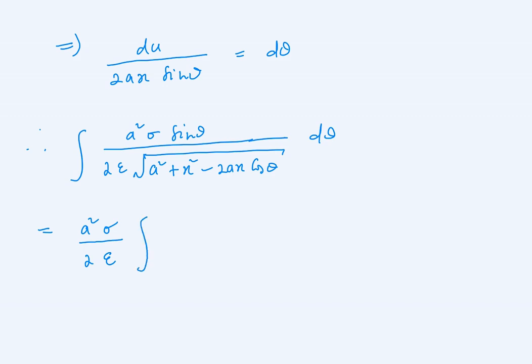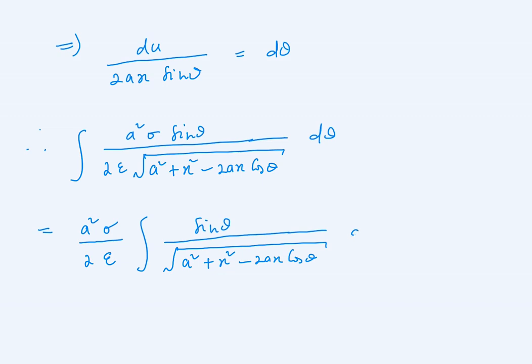We multiply this by the integral of sine theta divided by the square root of a squared plus x squared minus 2ax multiplied by cos theta. So we haven't made the substitution yet.